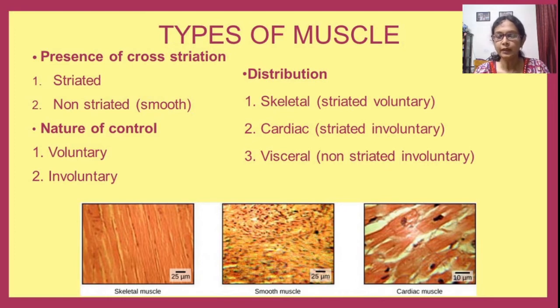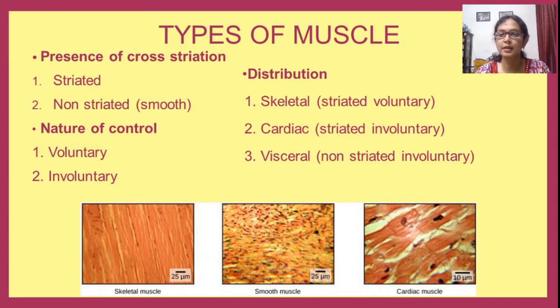In our body, basically three types of muscles are present: skeletal muscles, cardiac muscles, and visceral muscles. Among them, skeletal muscles are striated and voluntary, but the cardiac muscle, though it's striated, is involuntary.